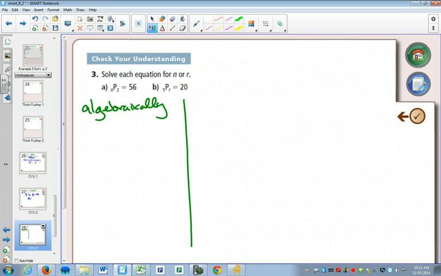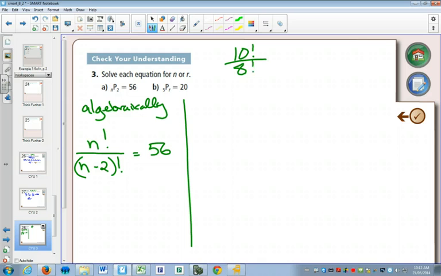And by solving it algebraically, what they're looking for is, can you use the formula? In this case, nP2 means n factorial over n minus 2 factorial equals 56. And according to the formula for a factorial, if I had something like 10 factorial over 8 factorial, and you had to do this in your head, what's the answer?